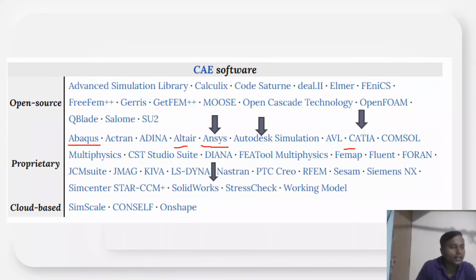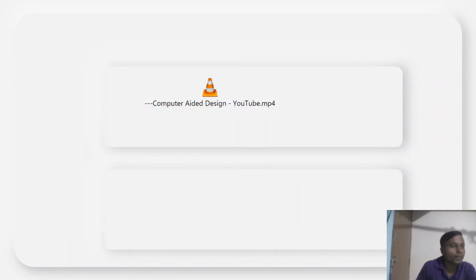Then LS-DYNA, Nastran. These are the solver softwares in SolidWorks. Our college has SolidWorks license copies. These are the softwares available in the market. You can take them from the market. Okay.